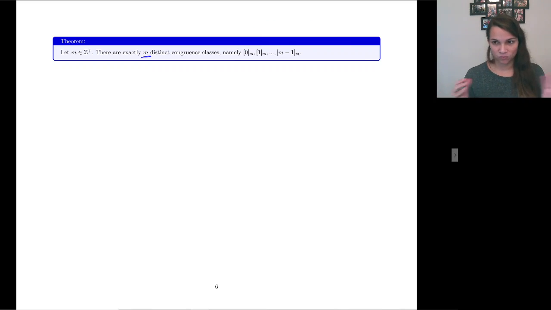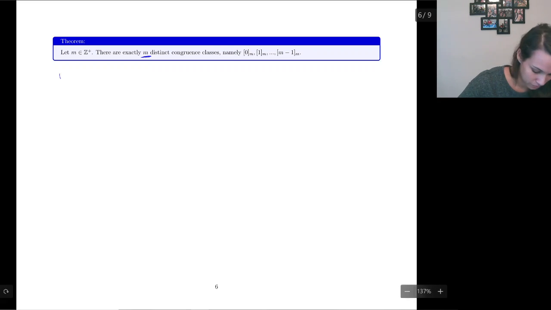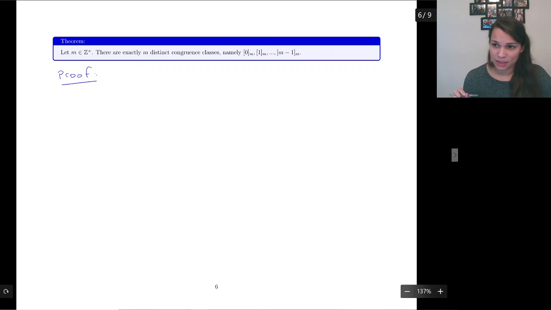The way this general proof is going to go is we're going to show that we have no more than m, and also that we have no less than m. If we can't have less and we can't have more, it has to be exactly m. So, proof. I'm going to use the lemma that you are going to prove on your worksheet first.